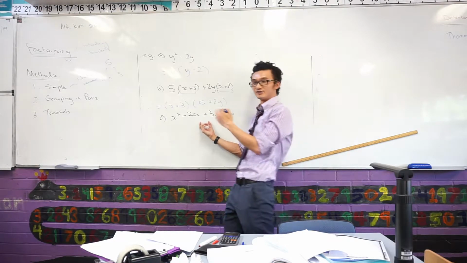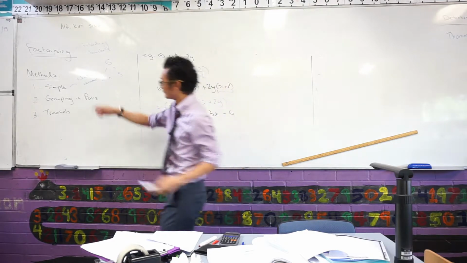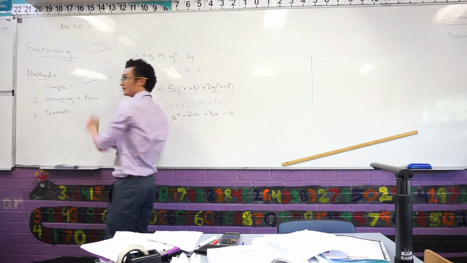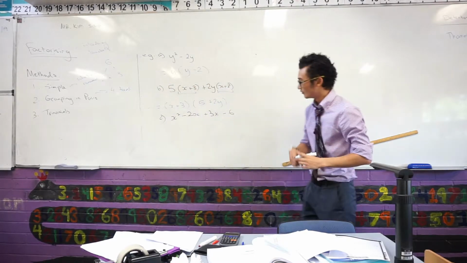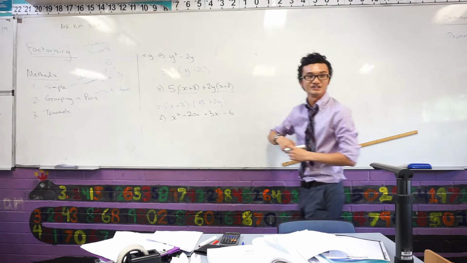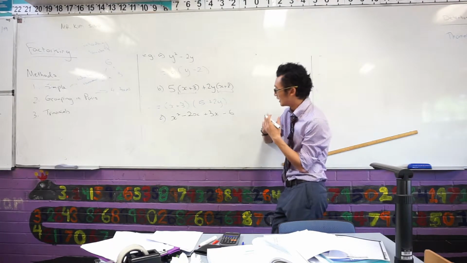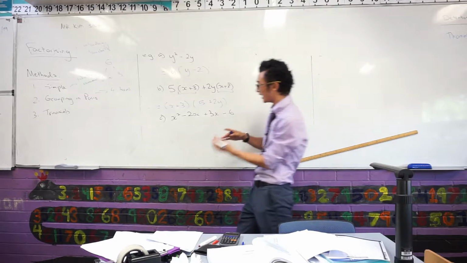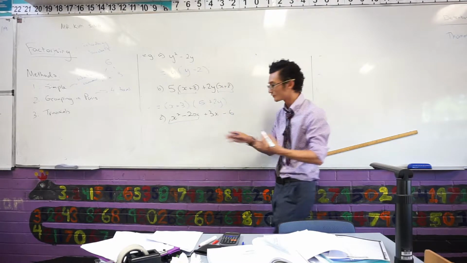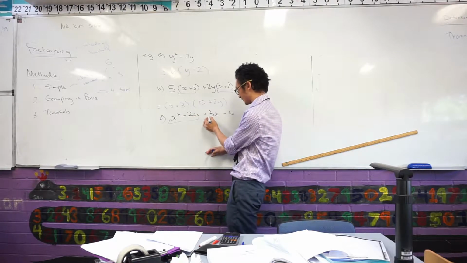So instead of doing that, when we have 4 terms, that's when we look for the grouping in pairs method of factorizing. When we have 4 terms, 1, 2, 3, 4, all separated by addition and subtraction, we look at some pairs. I can't see something in common between all of them, but if I look at the first 2, there's something in common there.